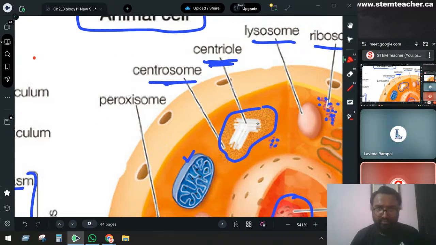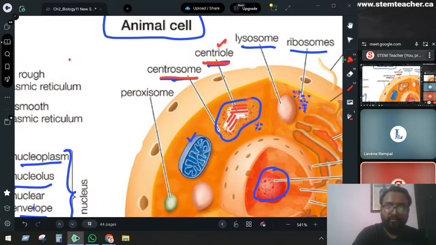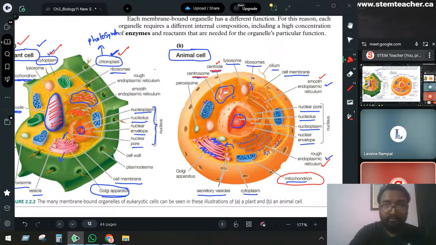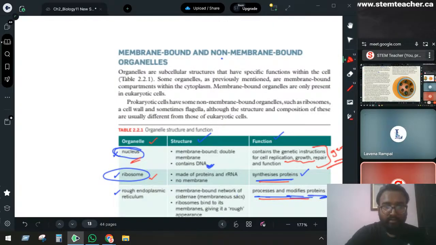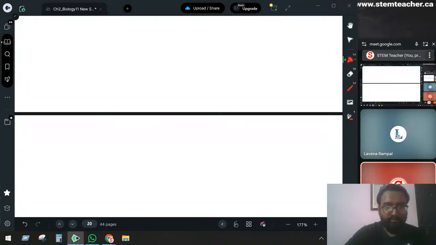These tube-like things, they are the tubes. These are centrioles, and these are all ribosomes. Again, it will come as centrosome. We call it centrosome. Centriole and centrosome. Now go to the functionality of centriole.